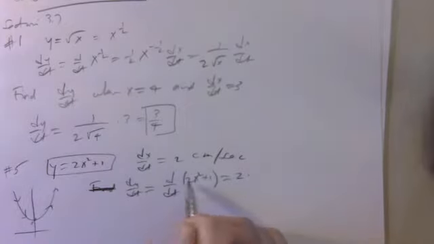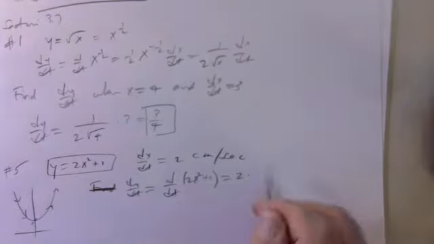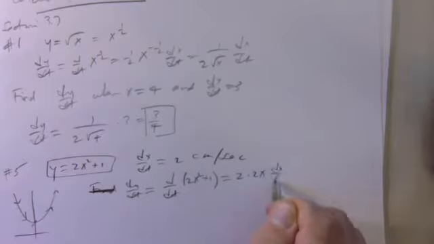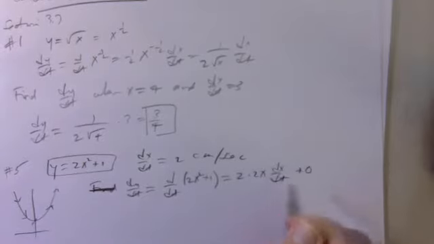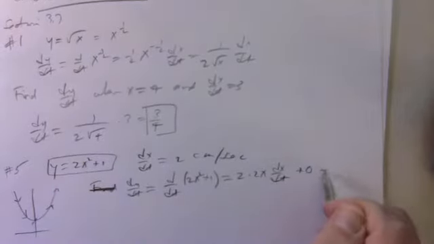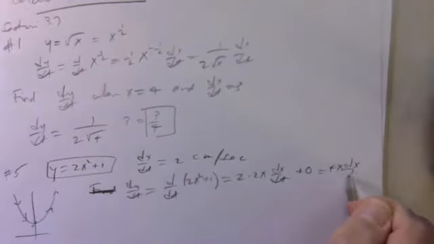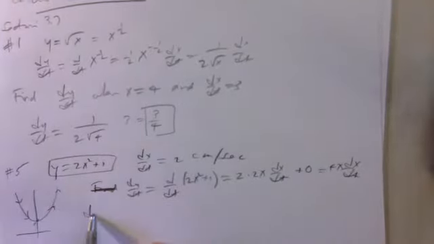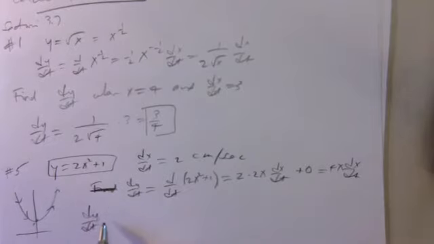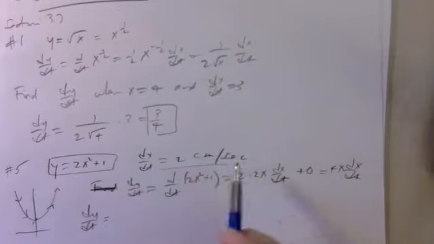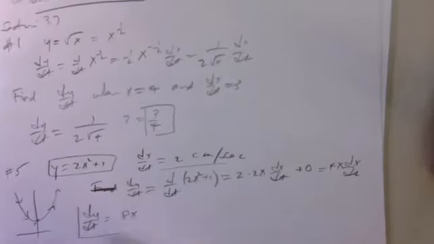That's 2 times the derivative of x squared with respect to t, which is 2x dx dt, plus the derivative of 1, which is 0. So this is 4x dx dt. Our relation is dy dt is 4x dx dt, but we're told dx dt is 2. So this is 2 times 4, this is 8x.